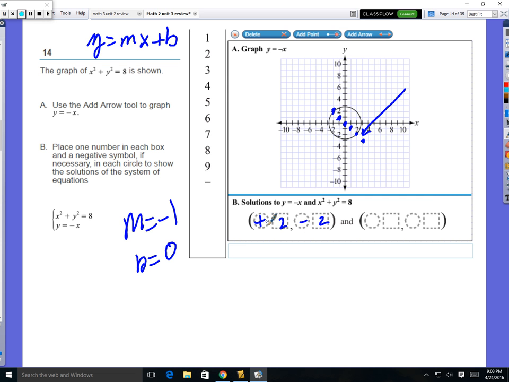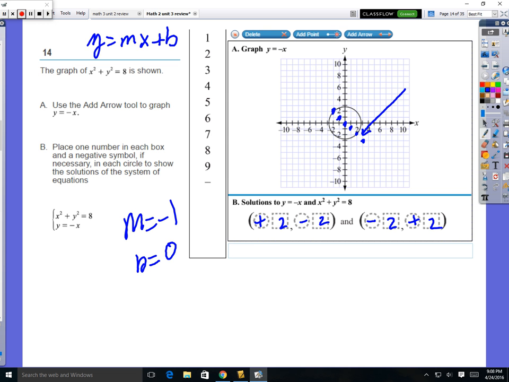So that's a positive 2. Right 2, down 2, I guess. And then to get to this one, I go left 2, up 2. So left 2, up 2. Or they don't have a plus. I don't know, I guess you leave it blank when it's plus.